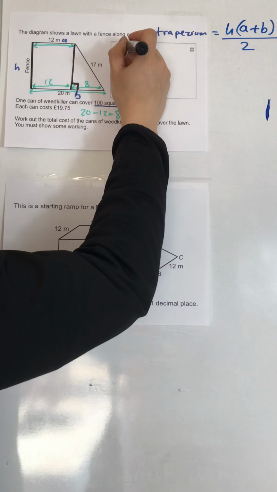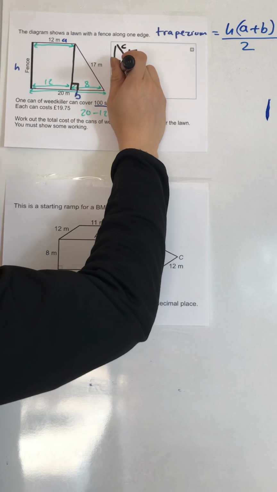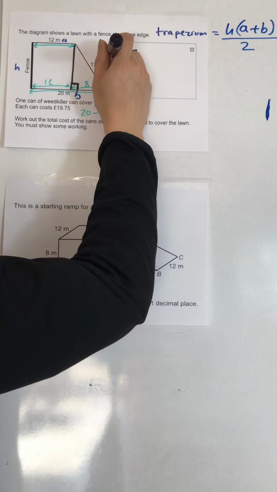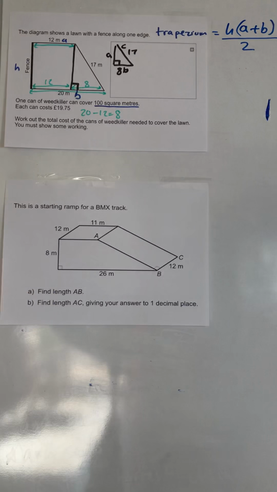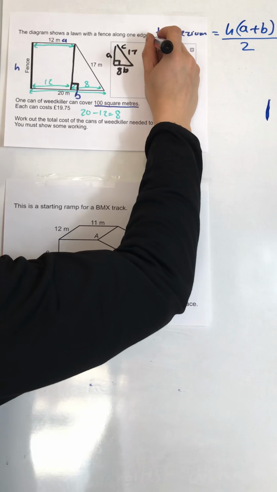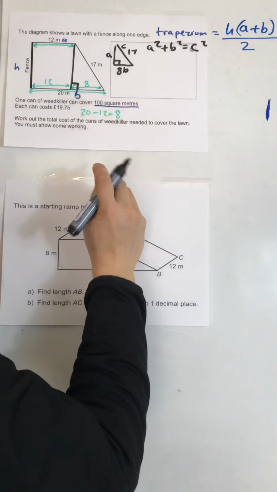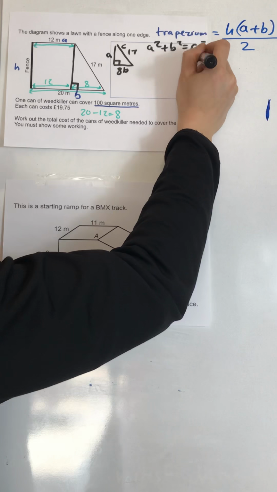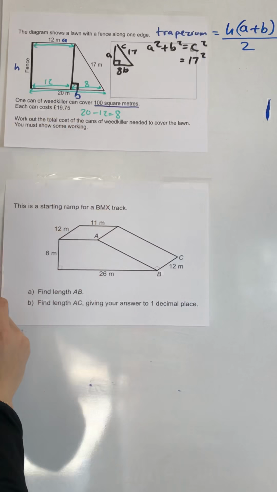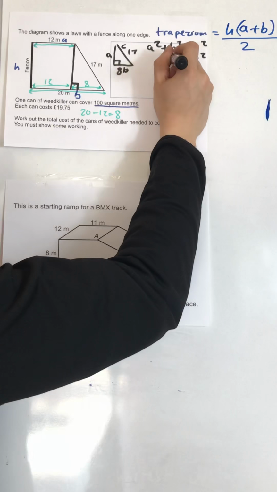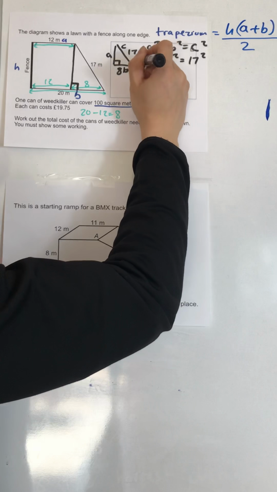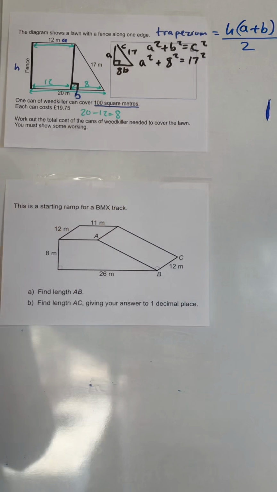So in Pythagoras, 17 is the longer side, that will be C, your 8 is your B, and that's your A. So using A squared plus B squared equals C squared, you have C squared, which is 17 squared here. You have B is 8 squared, and we're trying to find what A is, so that's A squared.